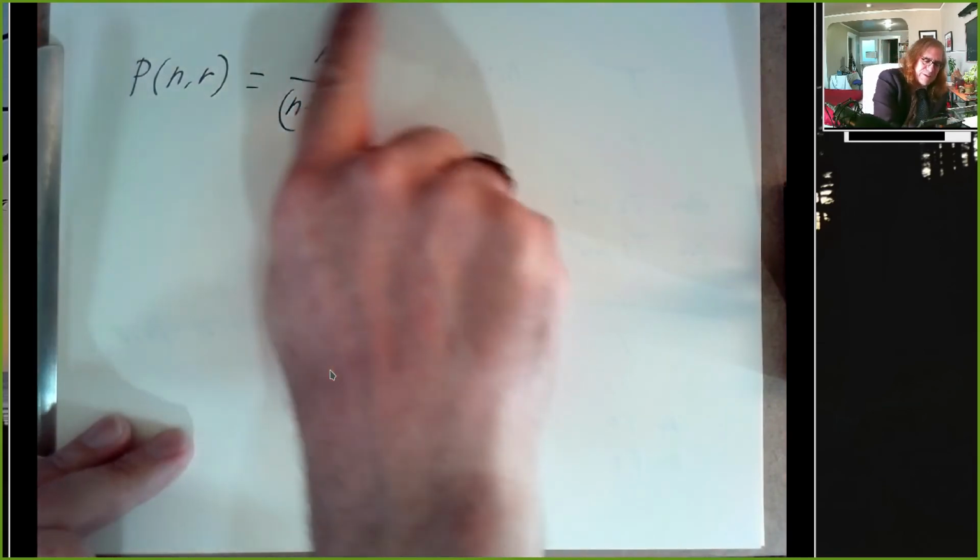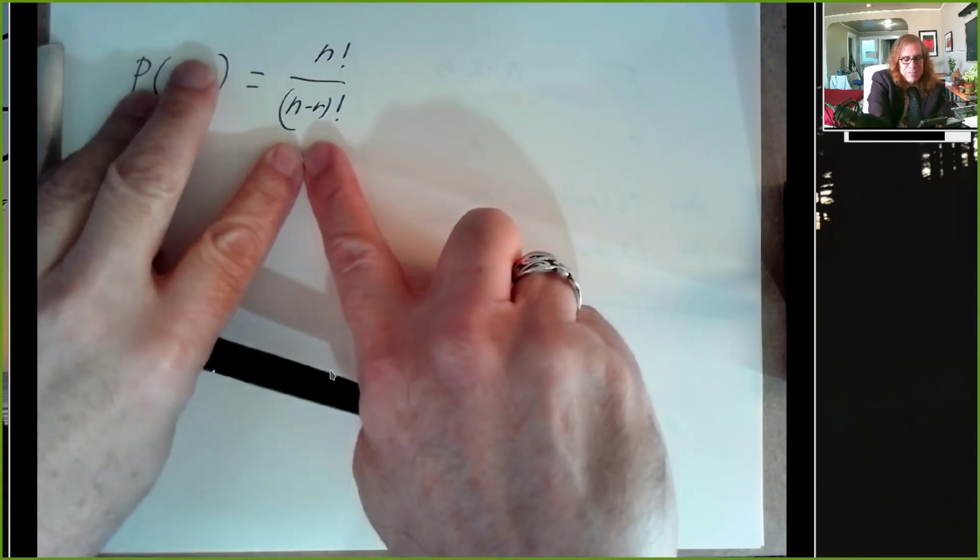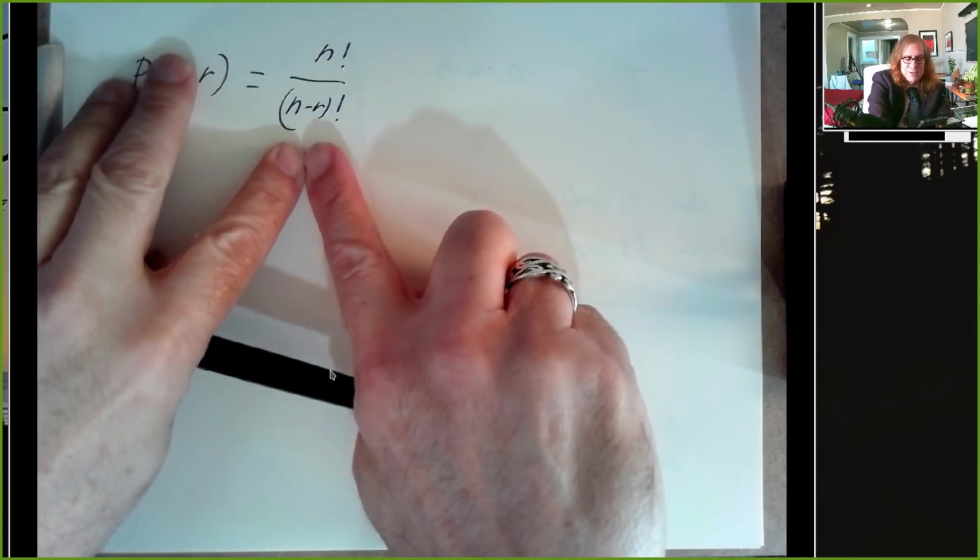That's what this is, right? This is all of your numbers up to n multiplied, and when you divide out those smaller ones, you get just n times n minus 1 times n minus 2, for example. All right, so that comes straight out of the product rule.